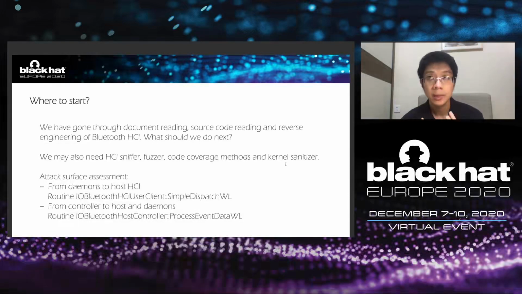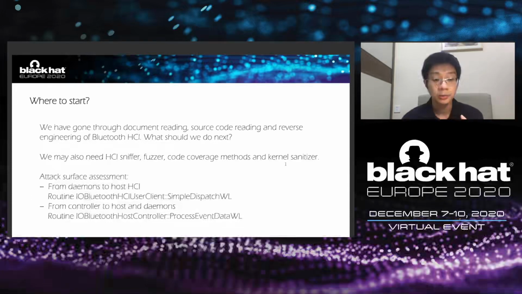However, if we take the previous work as a starting point and continue this research seriously, where should we start? For me, I think I still need some more tools. For example, sniffer. I need sniffer. I need fuzzer. I need the code coverage methods for closed source driver and the kernel address sanitizer.